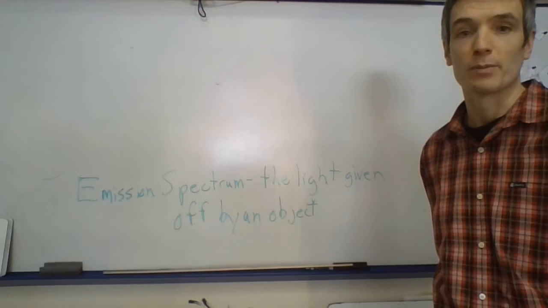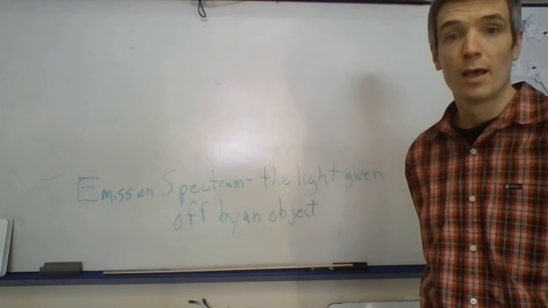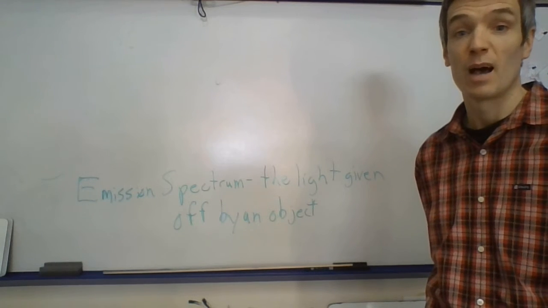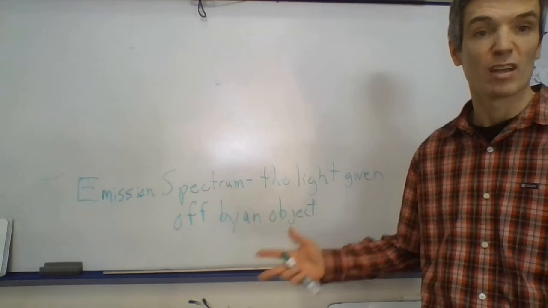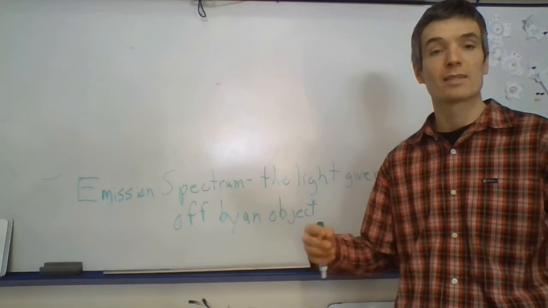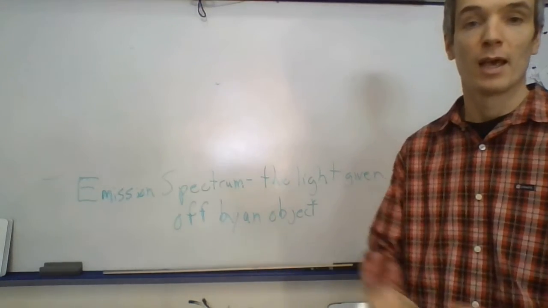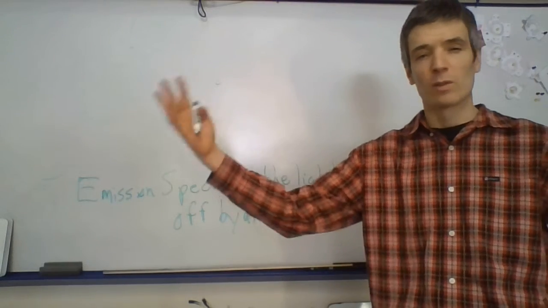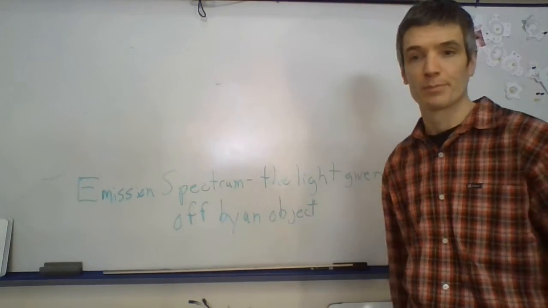Now, an emission spectrum is the light that's given off by an object or a thing. The reason it says emission is because it's giving it off, and the reason it says spectrum is because it could be anywhere within a range of values.